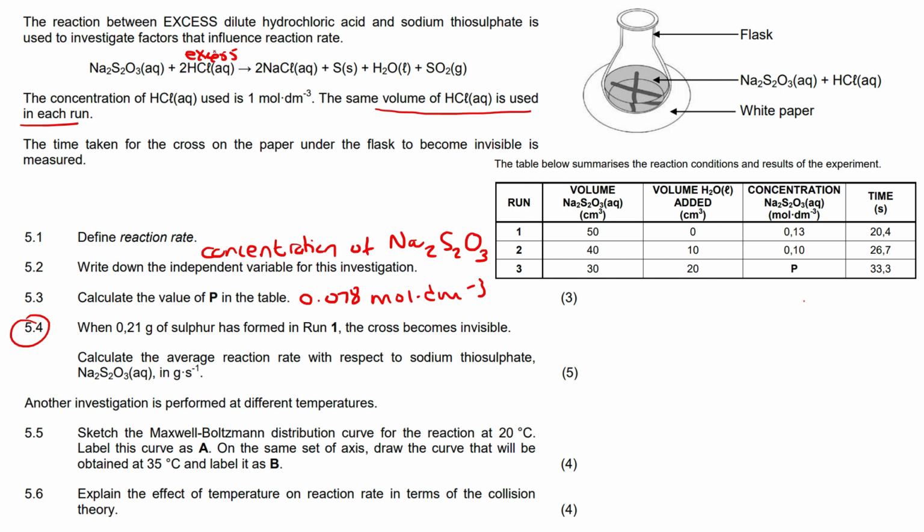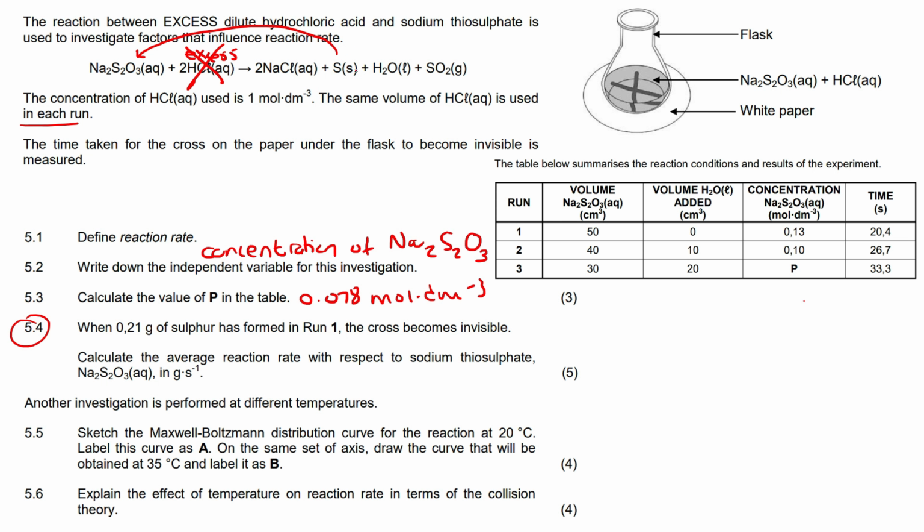We know that this one is the limiting, and if they give us the grams of this one, we can convert that into moles. And once we have the moles of this one, we can see how many moles of this stuff reacted. And then we can convert that back to grams. And then we'll know how many grams of this reacted, and then we can get its reaction rate.